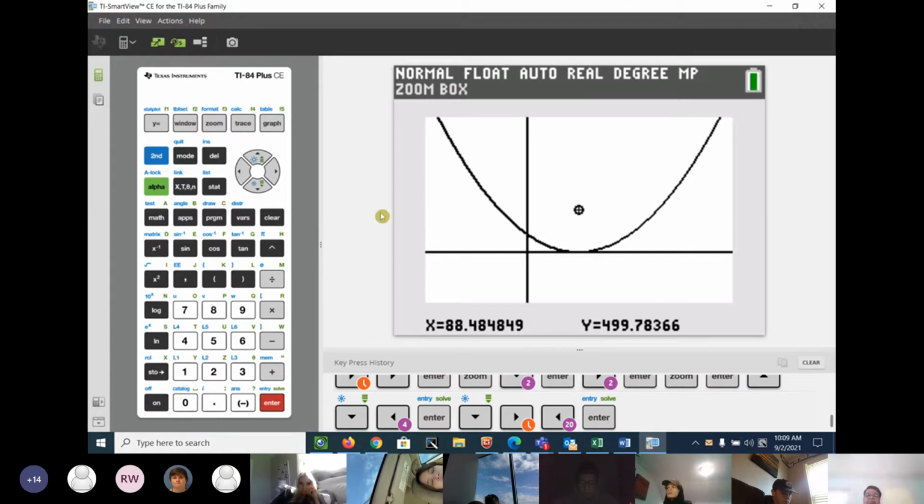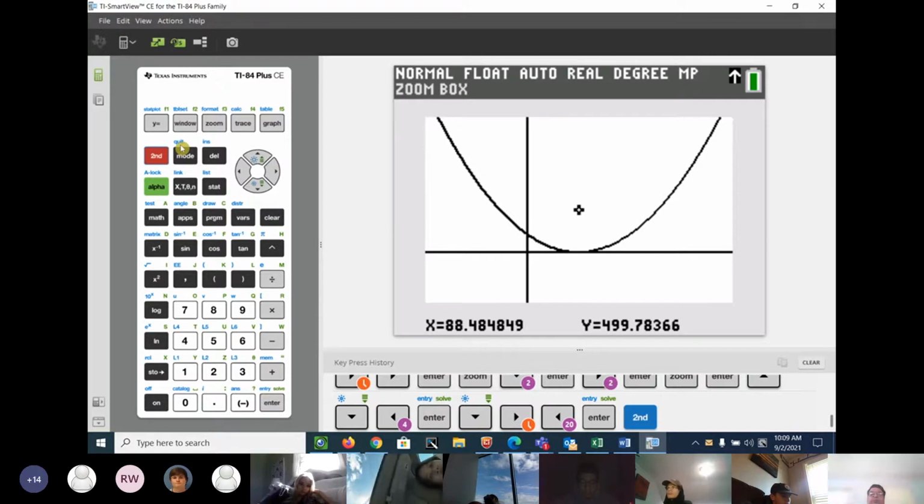So now, let me show you another feature on the calculator. Up here, you see the blue letters above. You want to hit table. So, table.